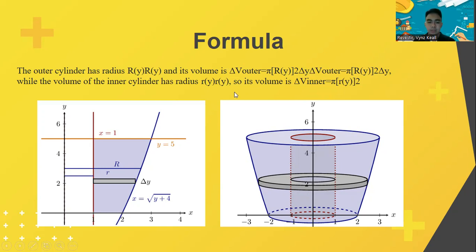In other words, the volume is the integral of pi times (R squared minus r squared) dx with the limits of a to b. And this is the graph. This is the washer, and we're going to graph it later.